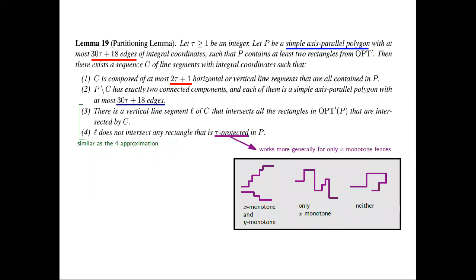The only important fact is that there is only one vertical line of the cut that may intersect some rectangle. That's the only thing that we use in the proof. So that's what we want to maintain when we do our cut, that there is only one vertical cut that may intersect some rectangles. Also, obviously, the number of edges, the number of components.